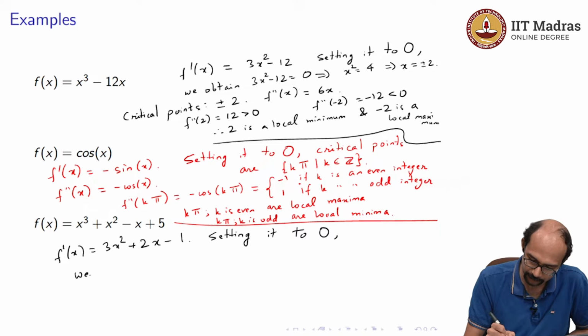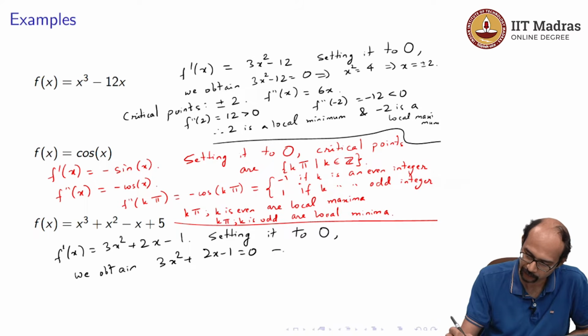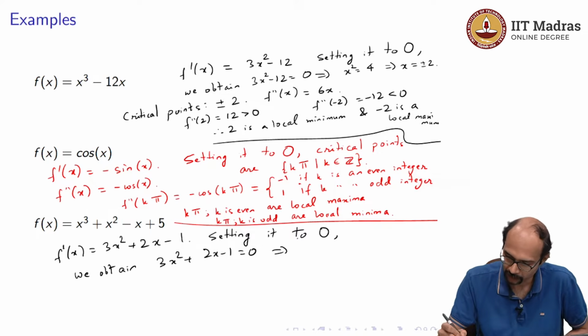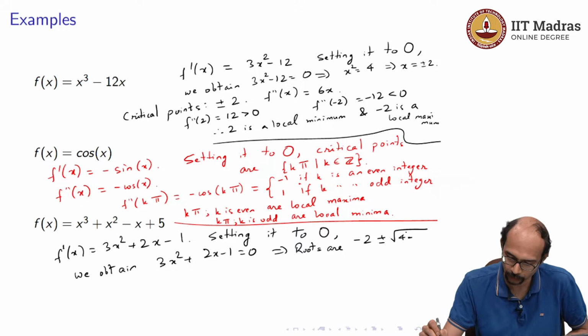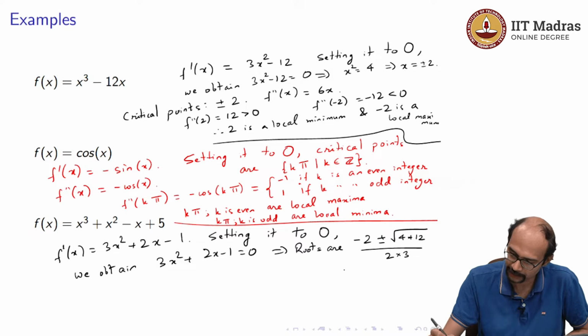we obtain 3x squared plus 2x minus 1 is 0. That means the roots are, minus b, so minus 2 plus or minus root b squared, so 4 minus 4 times a times c, so 4 times 3 times minus 1, that is minus 12, so 4 plus 12, and then divided by 2 times a, so 2 times 3.